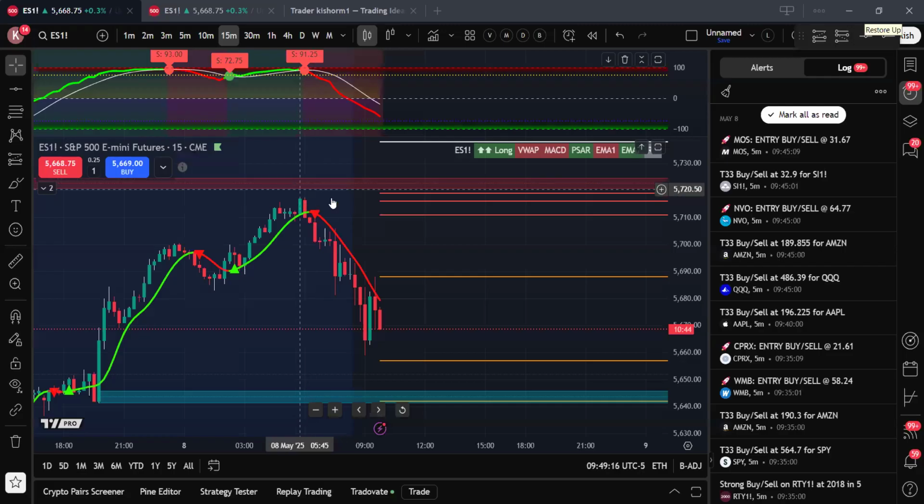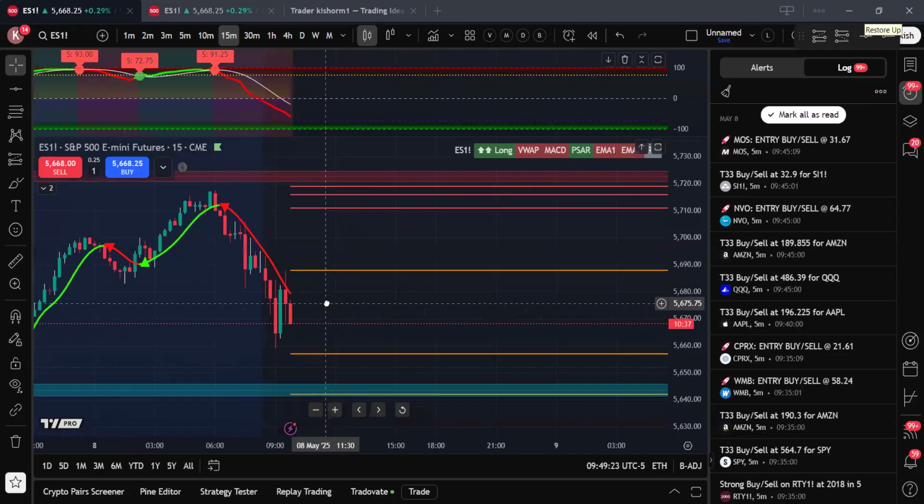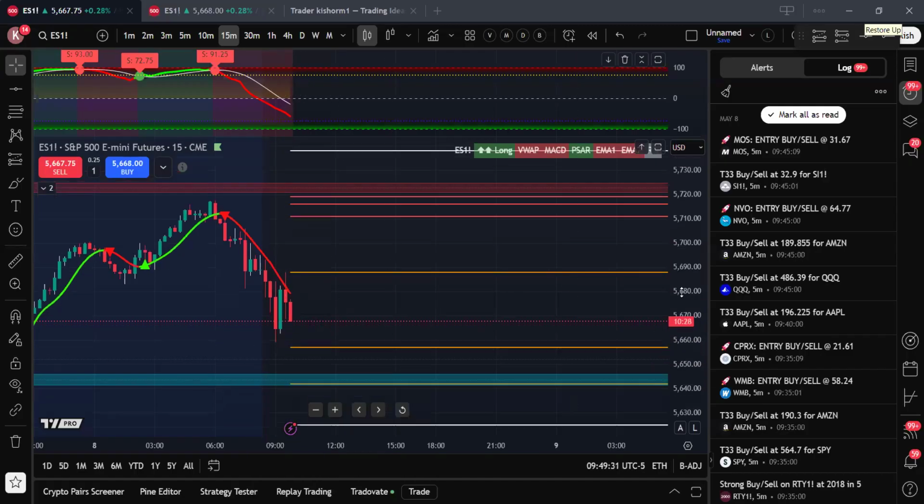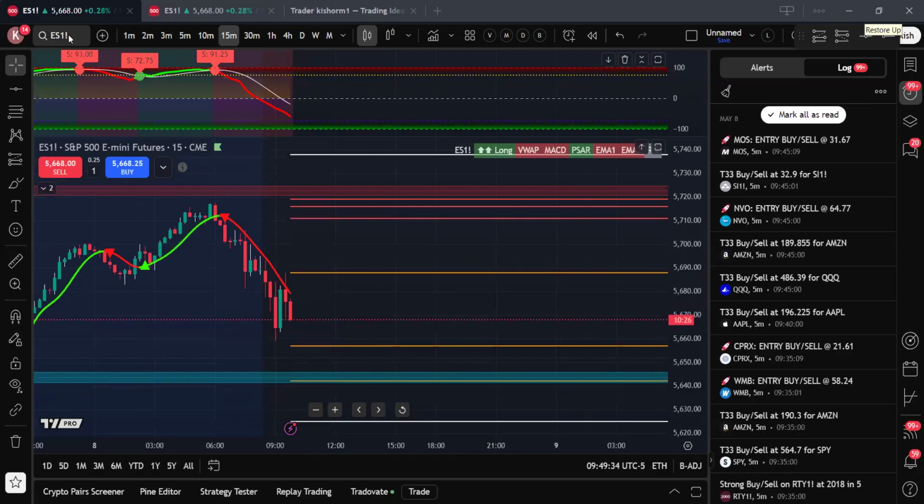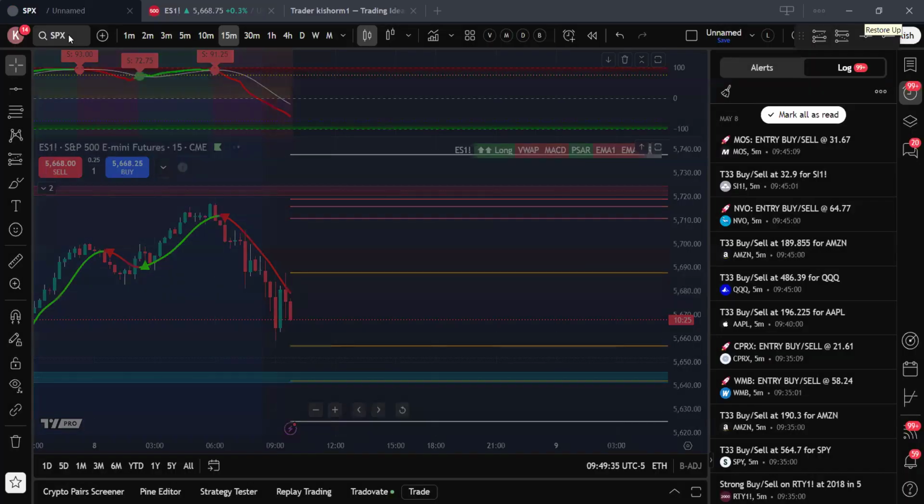Today morning, when US market opened, it started dropping. So as of now, it broke this level. So there is still a possibility for it to break further down, come all the way either to this level or to this level. So we can go ahead and take SPX bear call spreads.